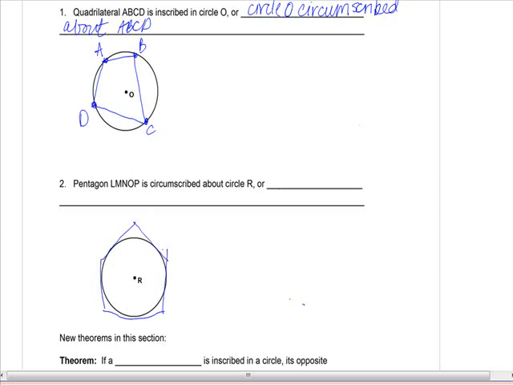I did a really stand-up job of drawing that pentagon. And the other way to say it is that circle R is what? Perfect. And I used the wrong letter. It should be R. Circle R is inscribed.